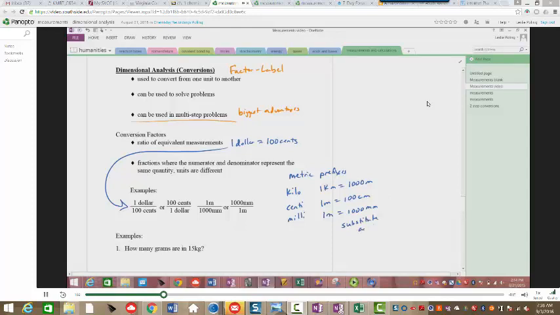And you can substitute any unit for the meter, and the relationship is the same.